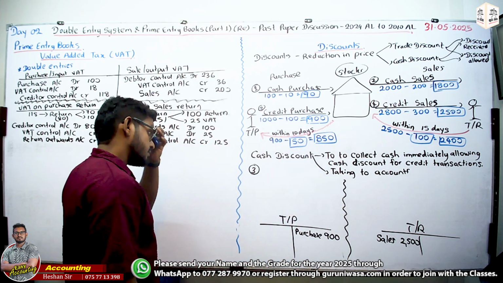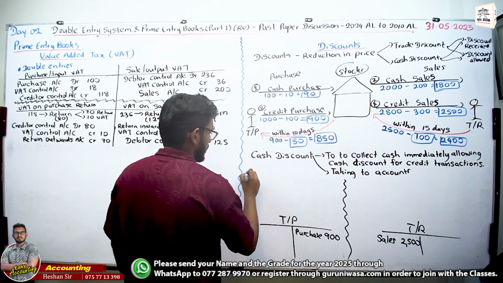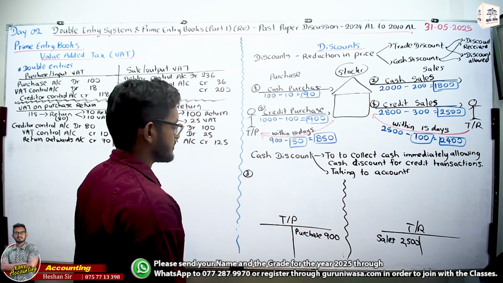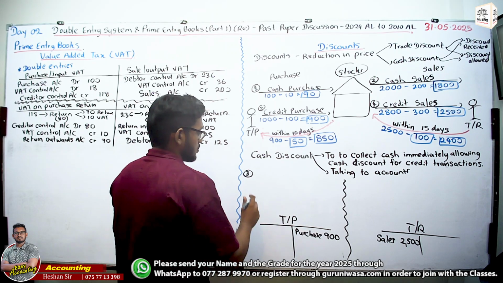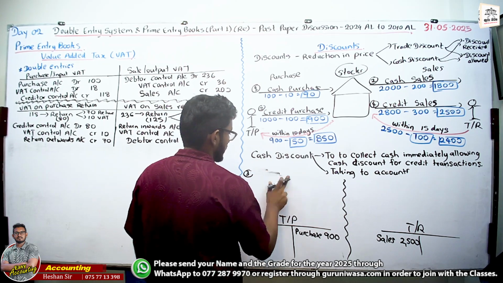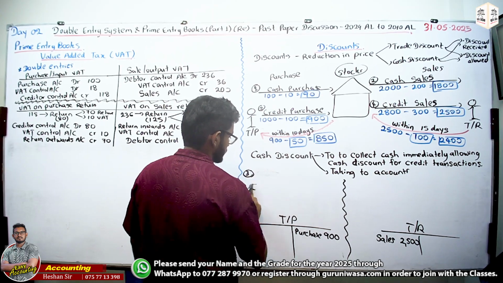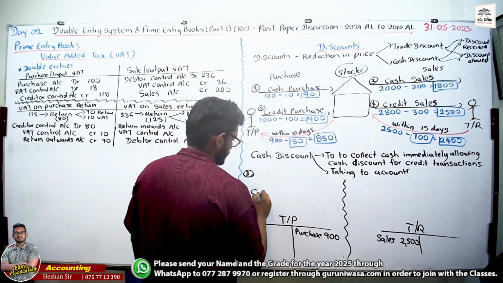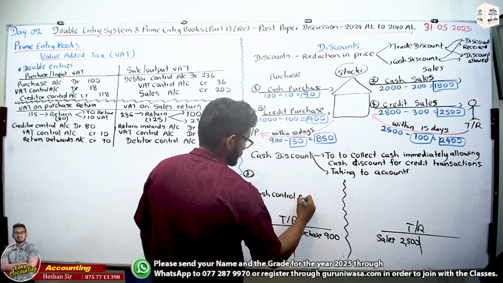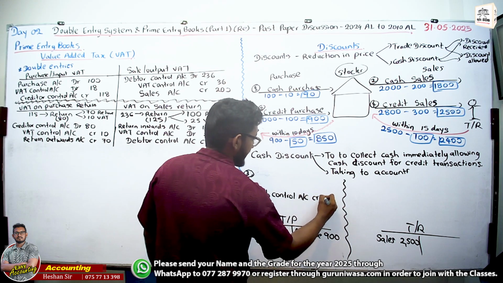But in here I'm going to pay only 850. So cash control account credit 850.